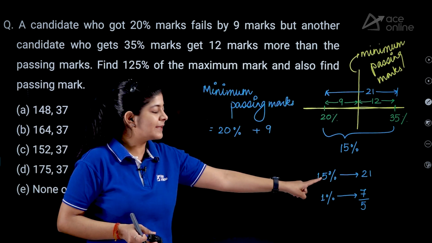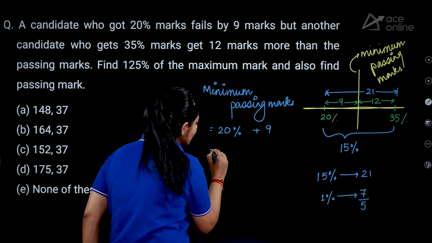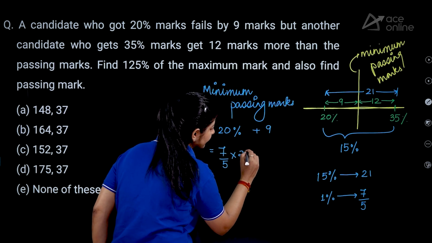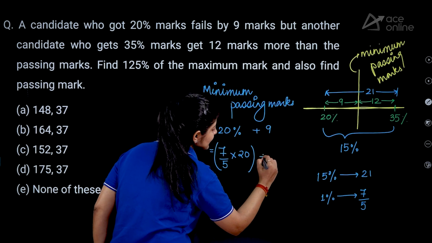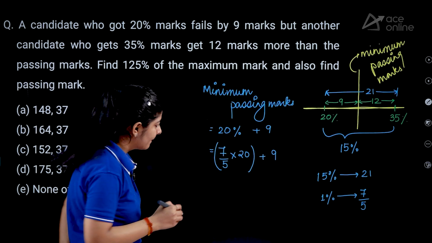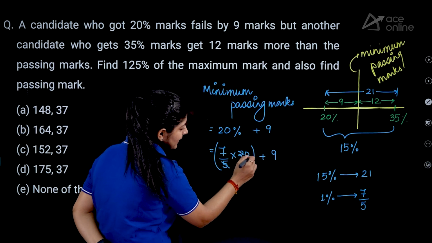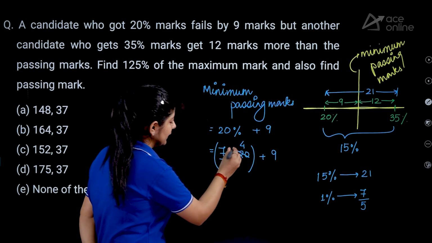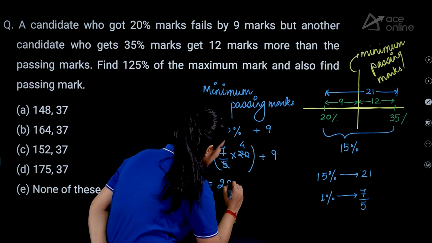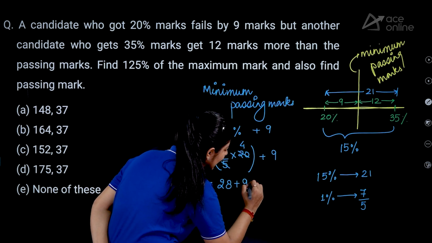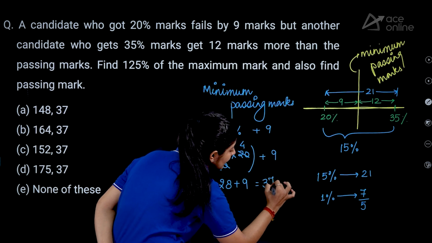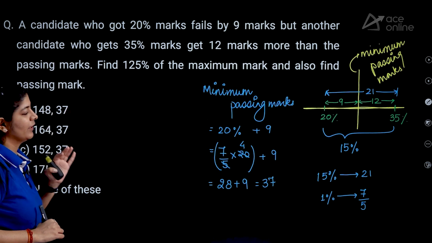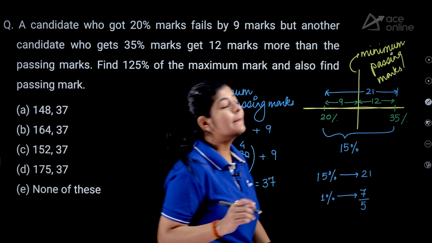The value of 1% is 7 by 5, so I'm writing 7 by 5 into 20 plus 9, right? Here this is eliminated by 5 and we get 4, so the minimum passing marks is 28 plus 9. That means the answer is 37. So this is our minimum passing marks.